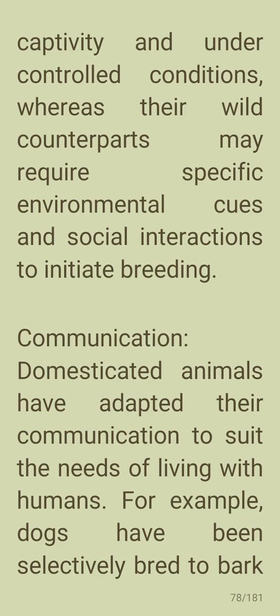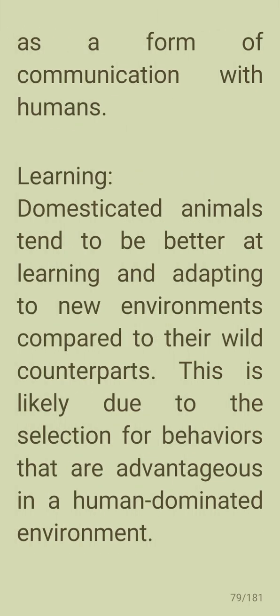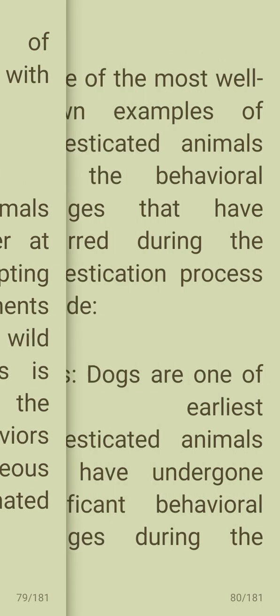For example, dogs have been selectively bred to bark as a form of communication with humans. Next, learning. Domesticated animals tend to be better at learning and adapting to new environments compared to their wild counterparts. This is likely due to the selection of behaviors that are advantageous in a human-oriented environment.